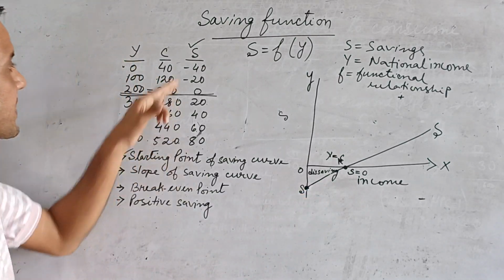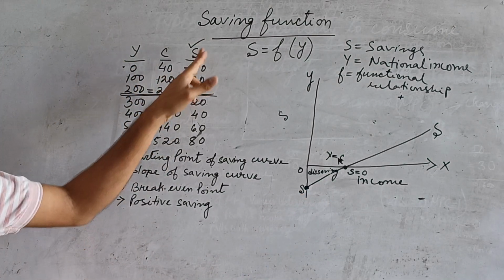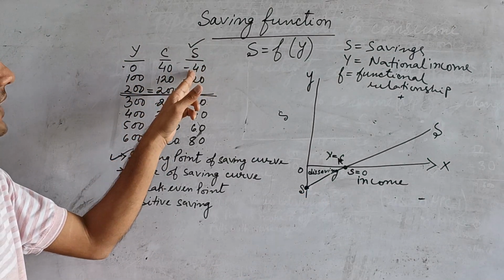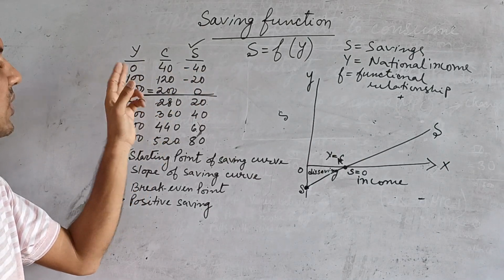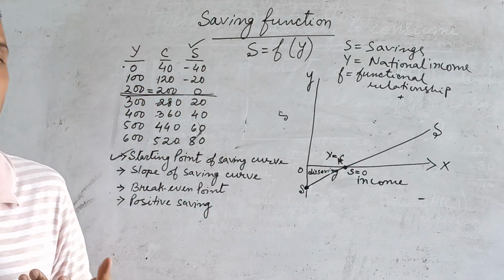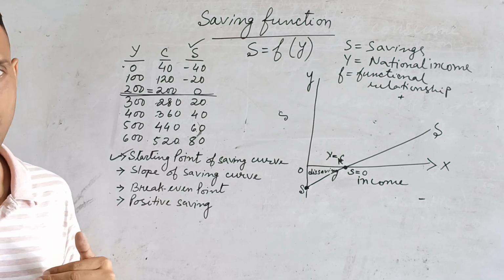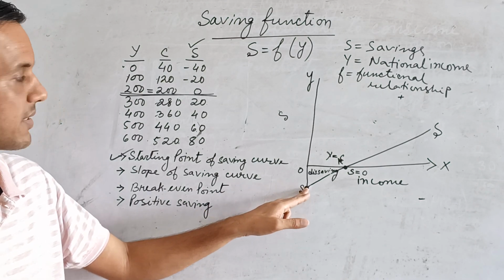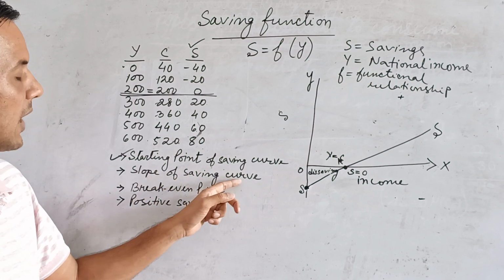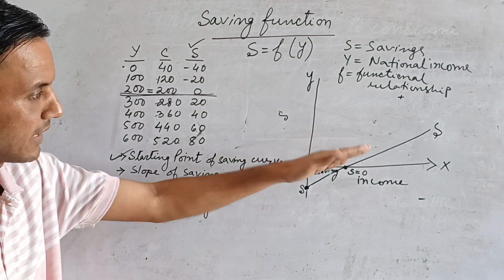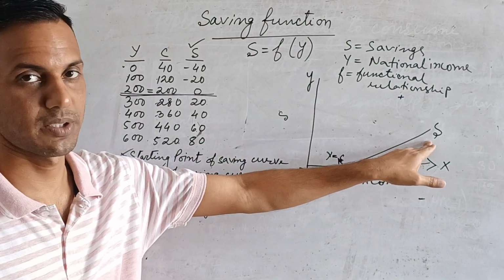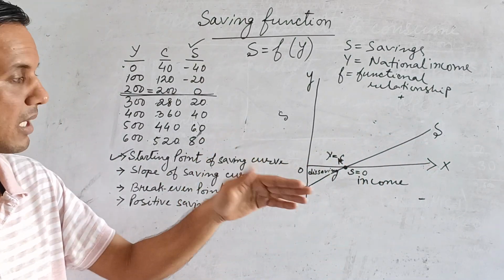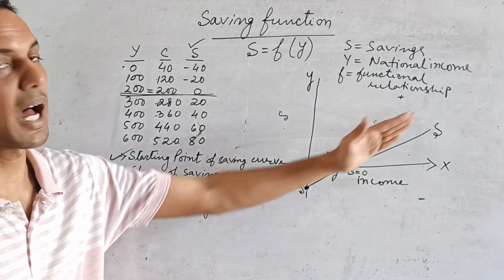Because you have seen that savings is minus 40 when income is 0. So it doesn't start from a positive point, but from a negative point. That's why we started from point S. Number 2, the slope of the saving curve. You have seen that it slopes upward, not downward or parallel. So savings slopes upward.